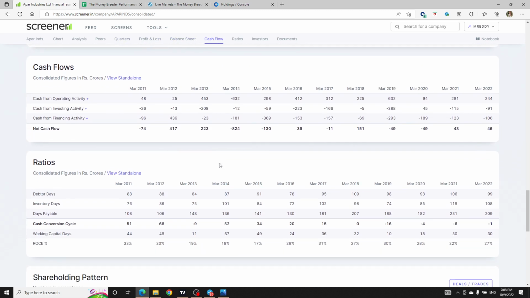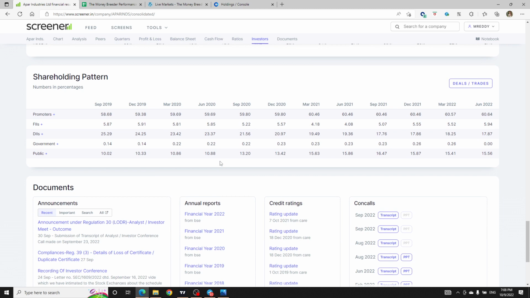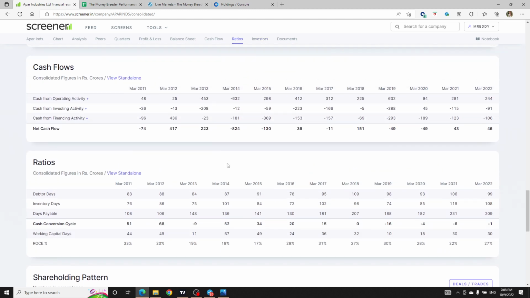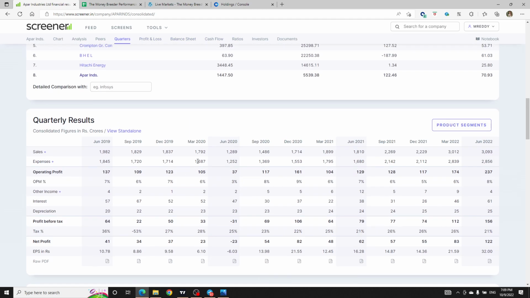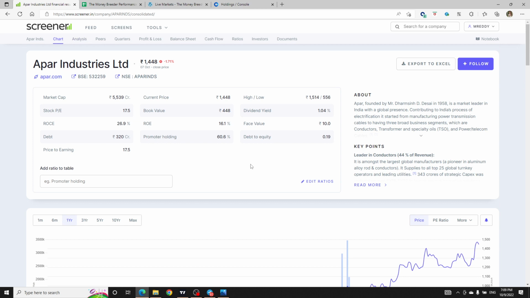They will not have much cash flow to handle critical situations whenever the business is in a downfall, like sometimes in corona time, when hard times come. Such times are very hard to sustain if they don't have proper cash. That is why I always try to avoid higher debt companies. These are the fundamental aspects of this company.